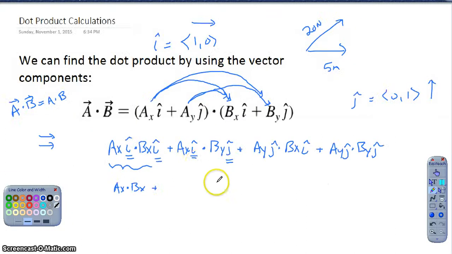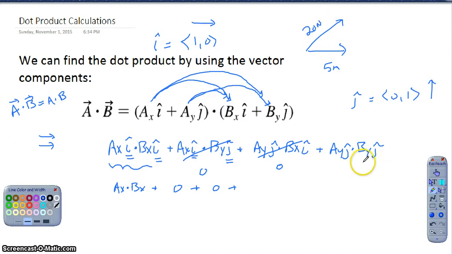So I don't care what AX and BY are, because those two vectors are perpendicular, therefore the dot product is 0. Same idea with this one: J and I are perpendicular, so that whole thing is 0. Those two middle terms from my FOIL pattern just ended up being 0.